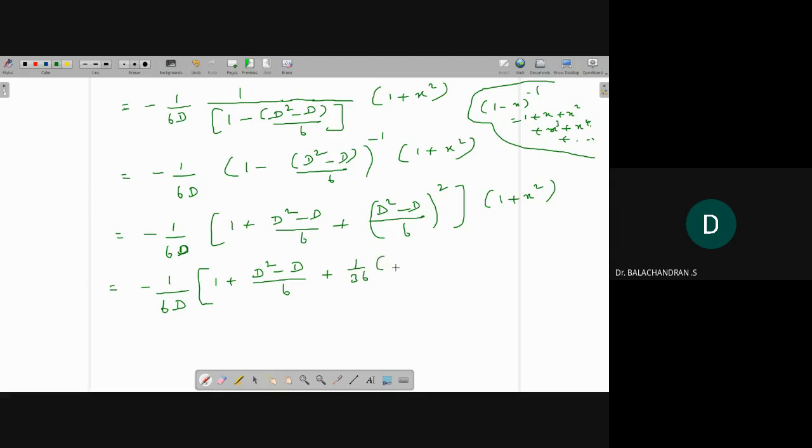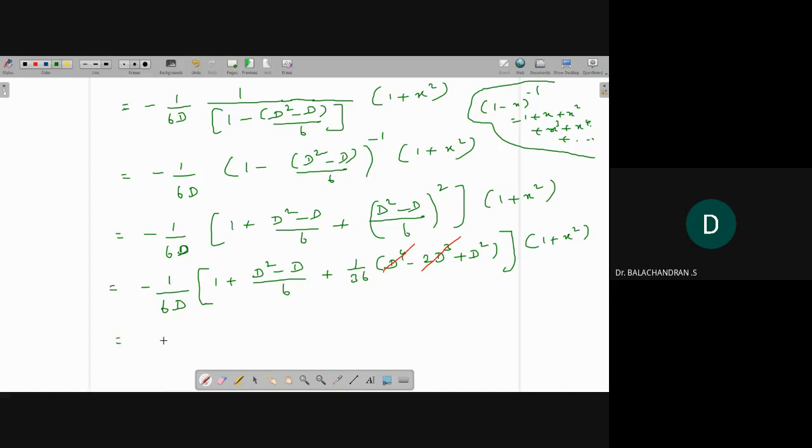A minus b whole square formula: a square minus 2ab, that is 2d cube by 36, plus b square, into 1 plus x square. Now I don't need this term. I don't need d power 4. I don't need d cube, because d cube of x square is what? 0.